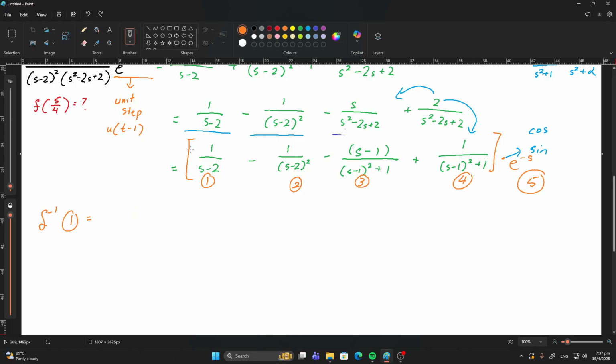So in the end, it's just going to be this. Sorry, I didn't mean to put the negative. Minus, okay, so same thing, e 2t, right? But then this becomes 1 over s squared. 1 over s squared is just t, am I right?